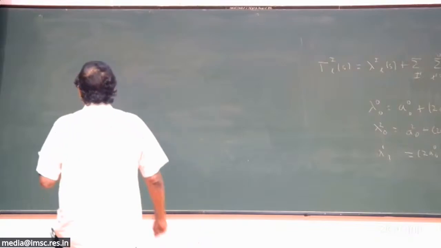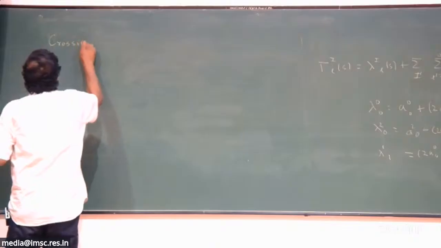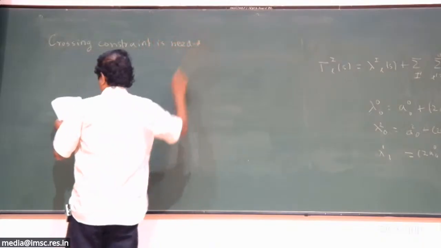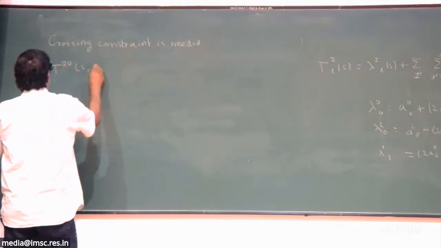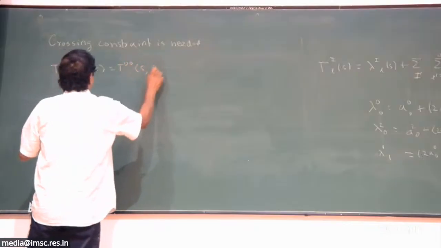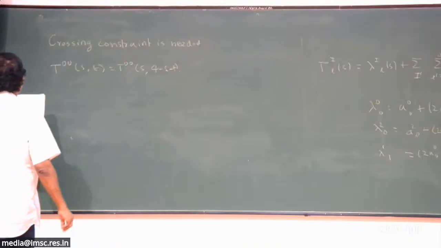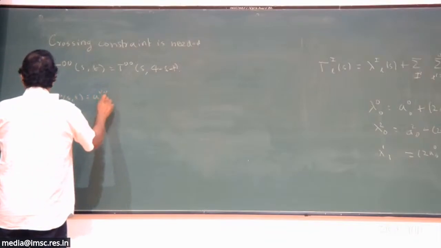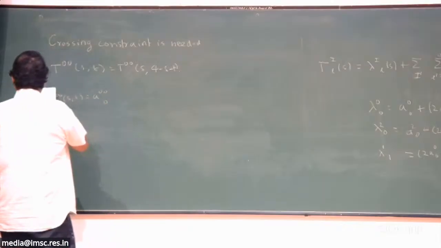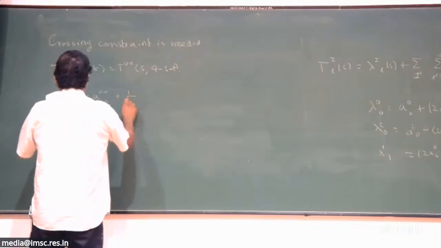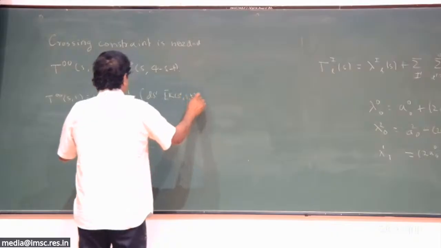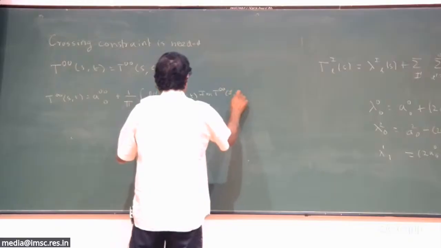So a crossing constraint is needed, that is that T00 at S,T has to be T00 at S, 4 minus S minus T. So this leads to a condition that T00 S,T is A000 plus all this: 1 by pi integral ds prime k of S prime S,T Im T00 of S prime T. This is the same thing that I wrote earlier. I should have kept it at that time instead of erasing it.